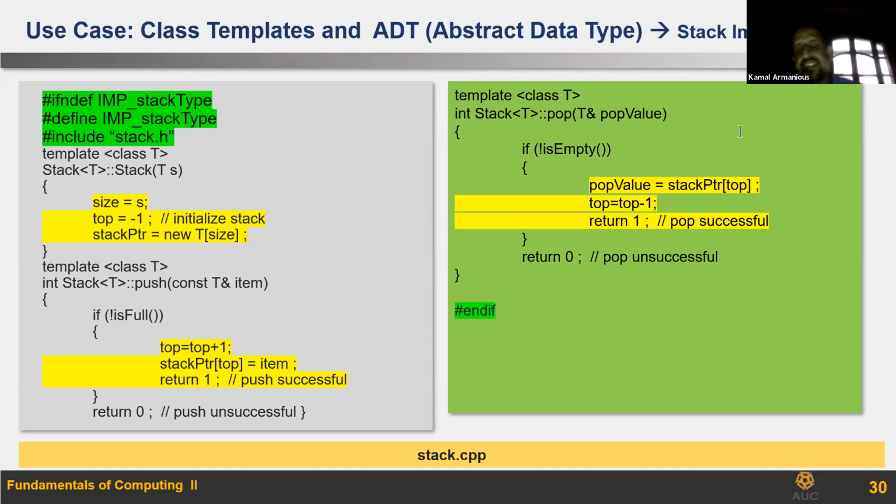Please take a look at this code, and if you don't understand, let me know. So stack, this is the constructor. Push, this is pushing an item into the stack. Pop, this means that I get an item from the stack and put it in a variable that I will use later on.